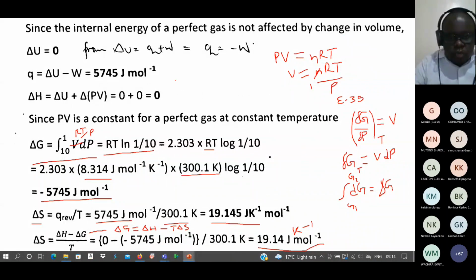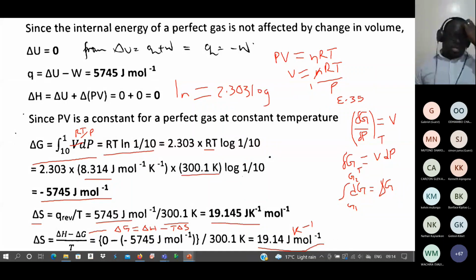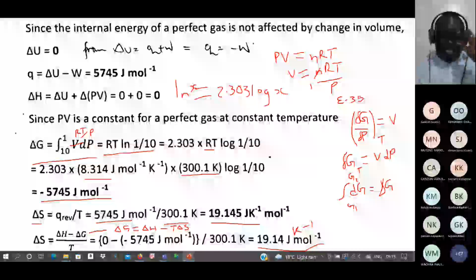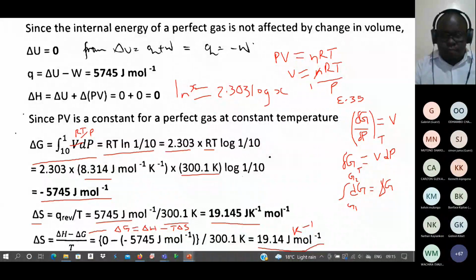Yes, because we established that the natural log is the same as 2.303 log to base 10. So the natural log of x, for example, is the same as 2.303 log to base 10 of x. So that's where we are getting 2.303. Okay, thank you.